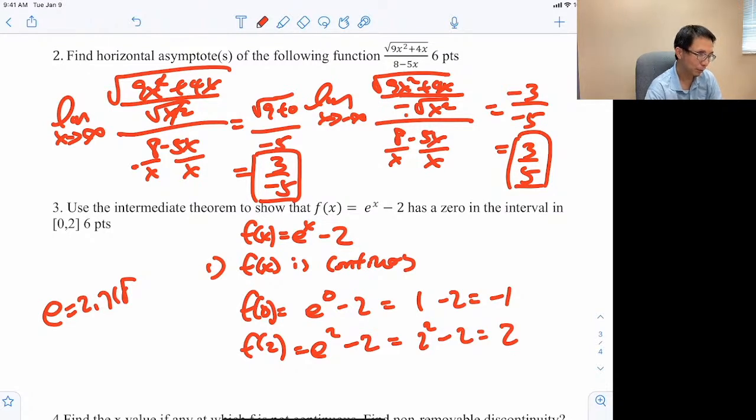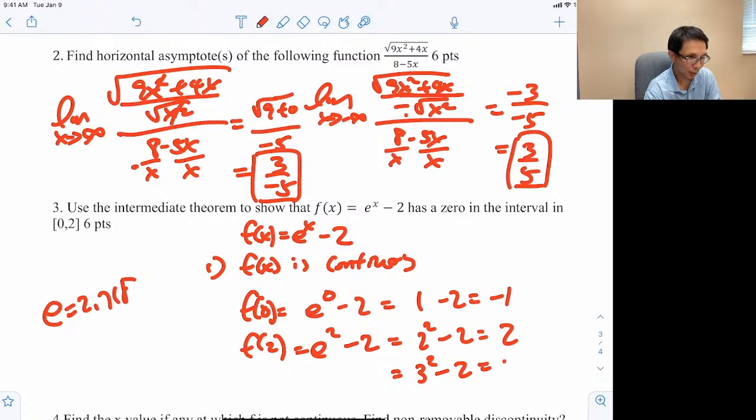It's probably closer to 7 or 8 instead of 4. But even if you do 3 squared, it's 3 squared minus 2, it's still positive, doesn't matter. So it's between 2 and 3, so your value is always positive regardless.